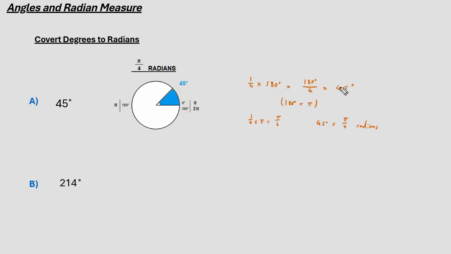Now, if we take what we have here and divide both sides by 180 degrees, this side becomes 1/4, which is going to be helpful.